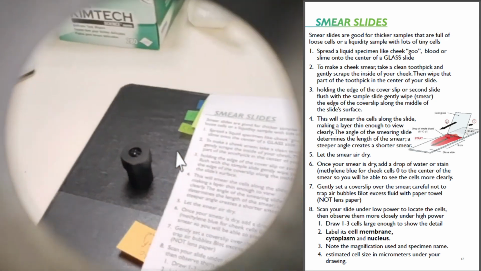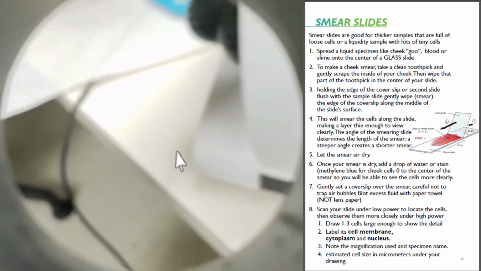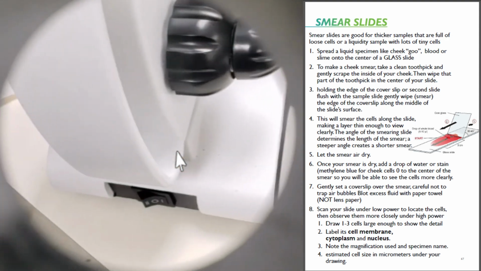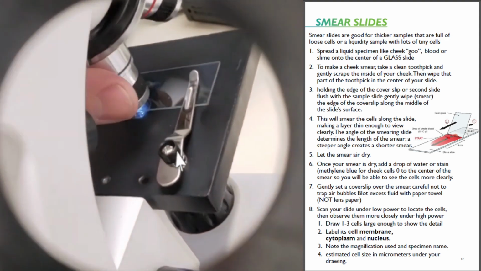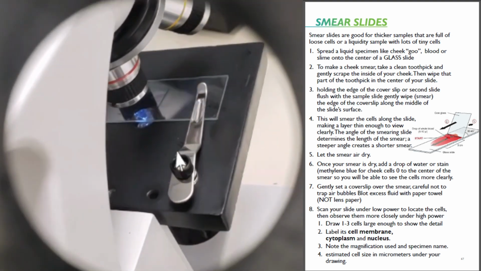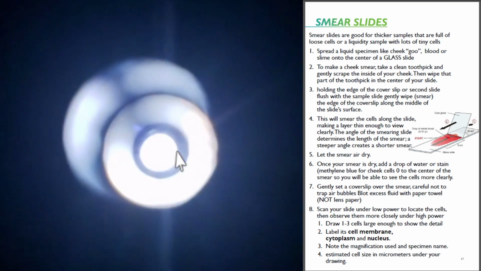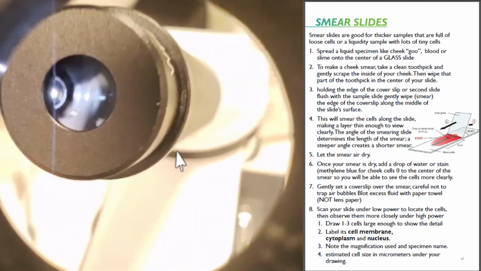Okay. Well, you can switch to your 20x, pop it in, go down to your scanning, find your cells again, which I'm going to have a hard time doing if I keep using my eyepiece.